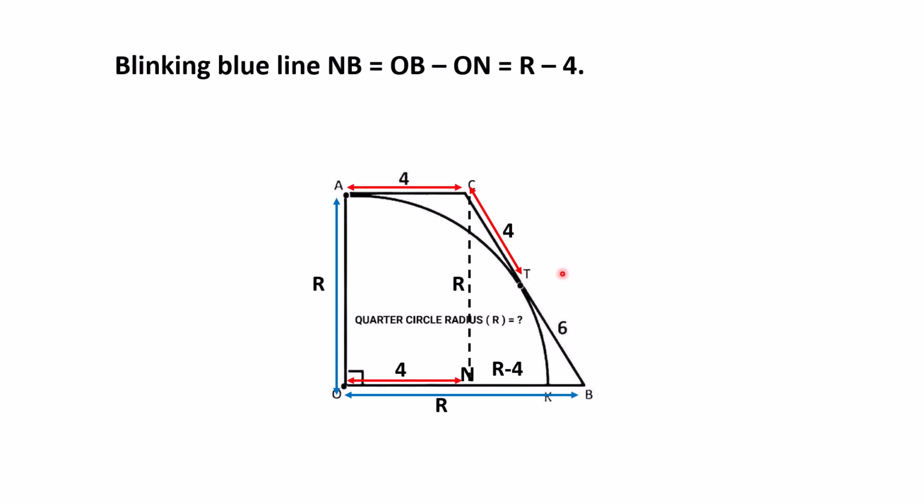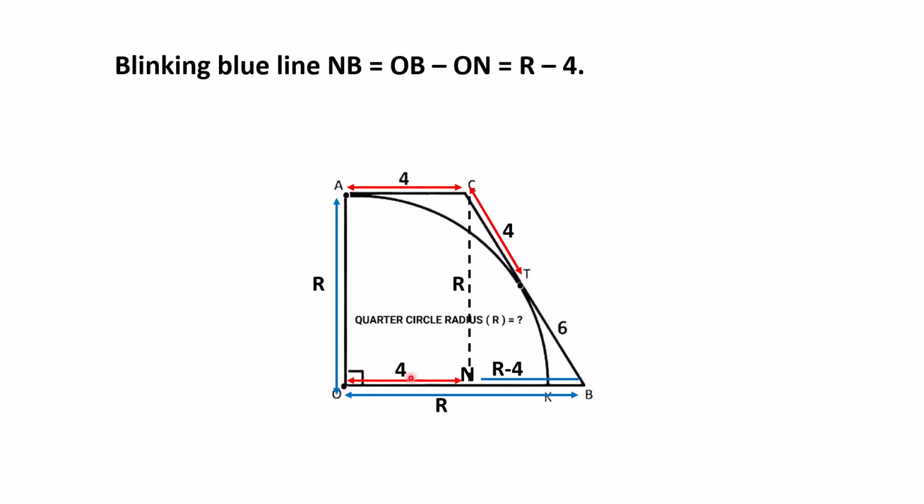And the blue blinking line. Now OB is a radius R, and ON is equal to the opposite side of the rectangle, AC, that is 4 units. So the remaining part, the blue blinking line, must be R minus 4. The total OA is R, the total OB is also R, each being equal to the radius.